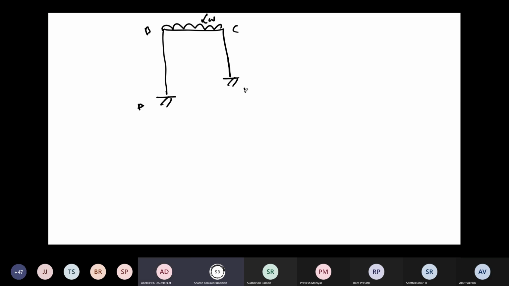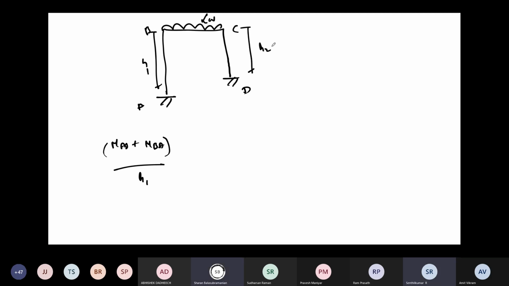MAB plus MBA plus MCD plus MDC equal to 0. Plus MAB plus MBA by H1. This is H1. Then plus MCD plus MDC by H2, then equal to 0. That's all.